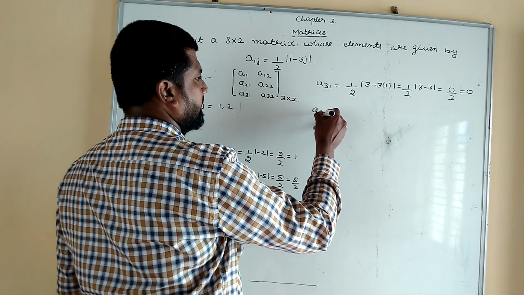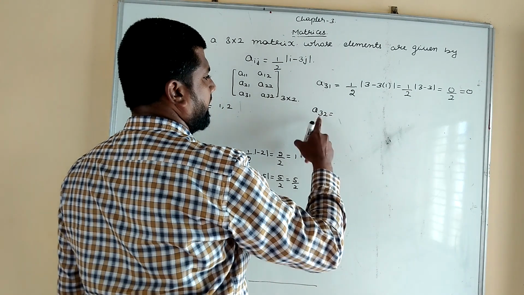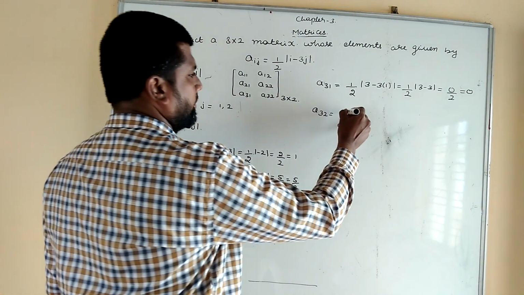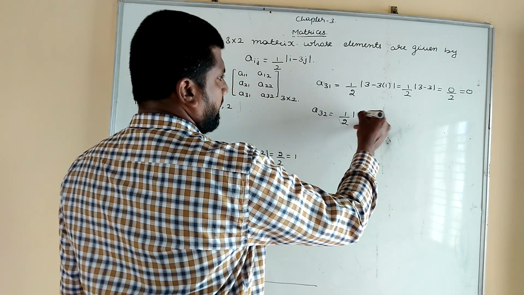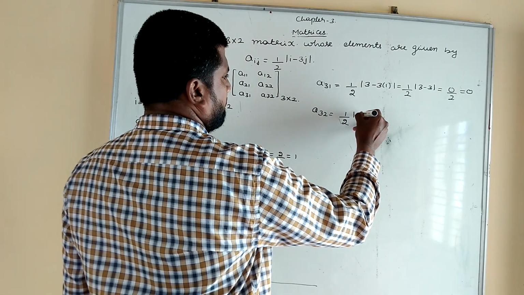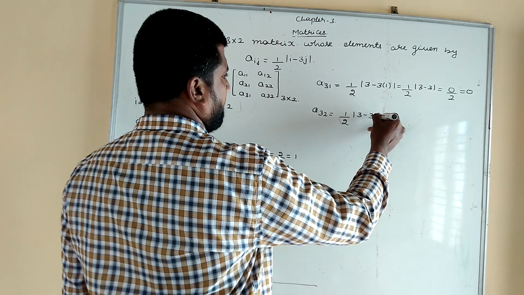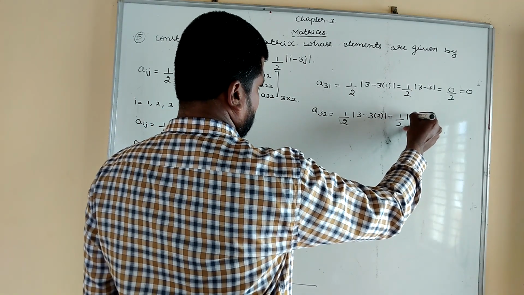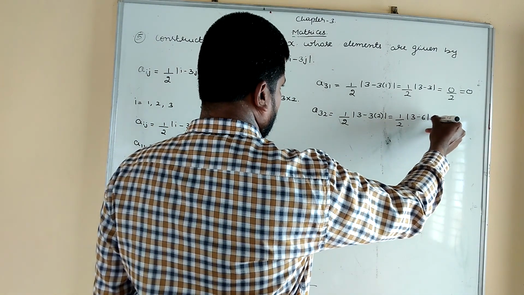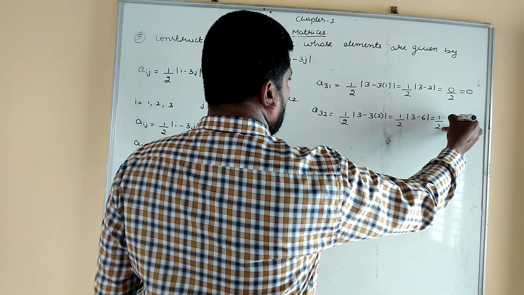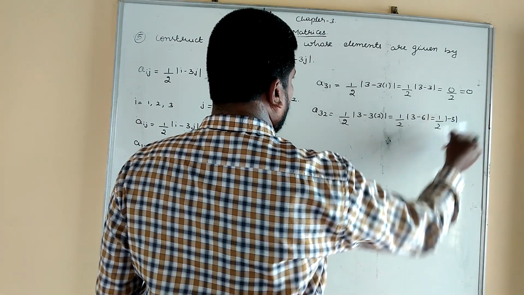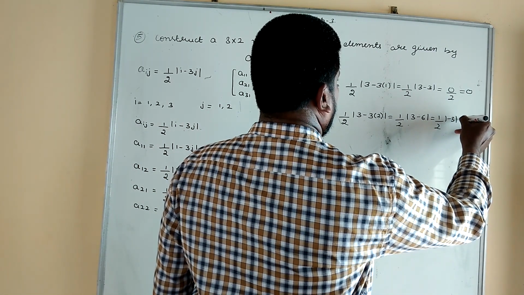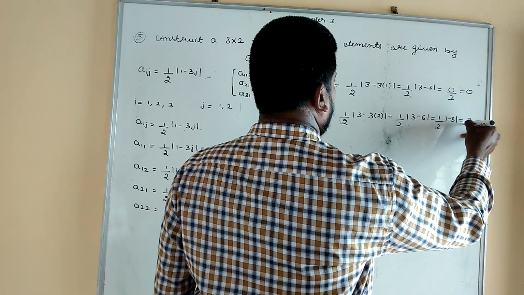Then let us go for the next one, a32. a32 means i means 3, j means 2. Let us substitute 1 by 2 modulus of 3 minus 3 into 2, that is equal to 1 by 2 modulus 3 minus 6, that is equal to 1 by 2 modulus minus 3. If you remove the mod, we get 3 by 2.